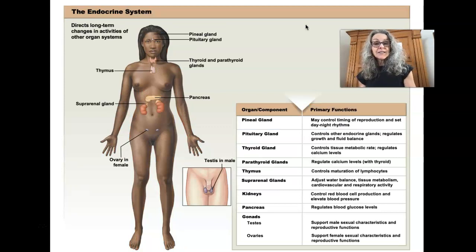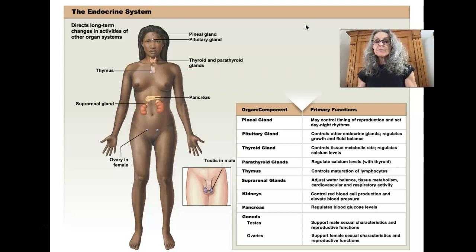Then you have the endocrine system, which is with the nervous system. This will regulate the body. The endocrine system detects when the body is not in homeostasis. Homeostasis means a steady state.